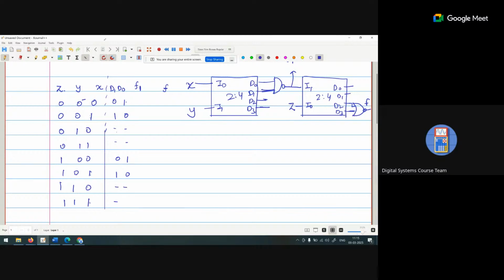Then for the other two cases, D1 and D0 are not important. What is the value of F1? If it is 0, 1 or 1, 0, for both cases this is 1. Here D0 and D1 both are 0, 0, so here F1 is also 1.